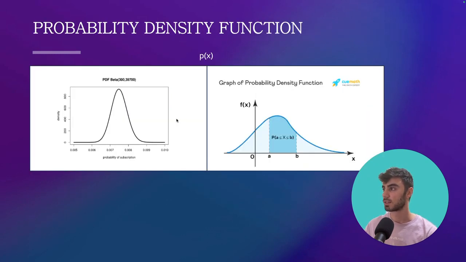The second thing that we will learn is the probability density function, or PDF, okay? I put two functions here, as you can see, and I will explain them. The probability density function maps a point in the sample space to a number between 0 and 1, okay? We can call it p(x) right now, but it's generally written f(x).